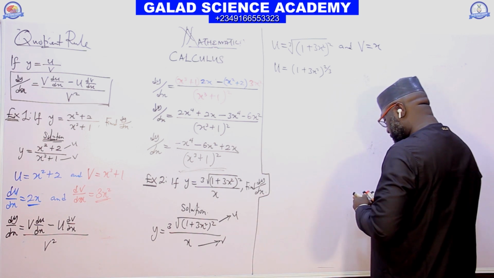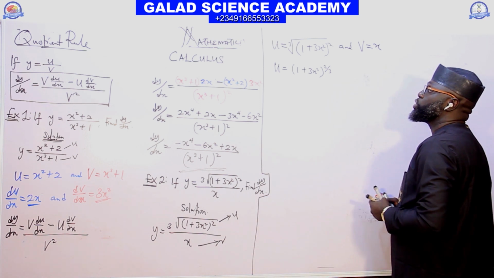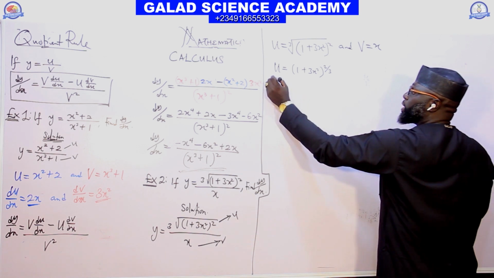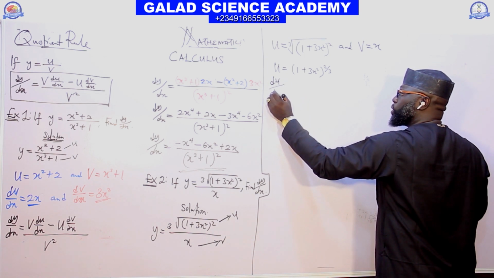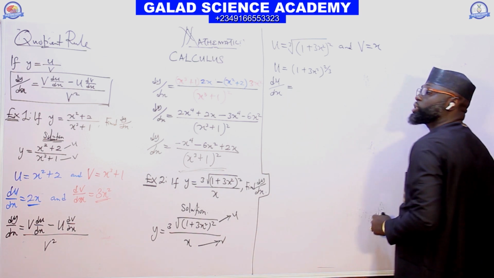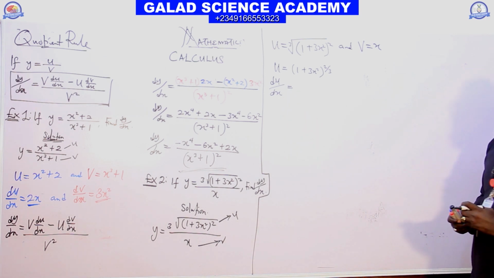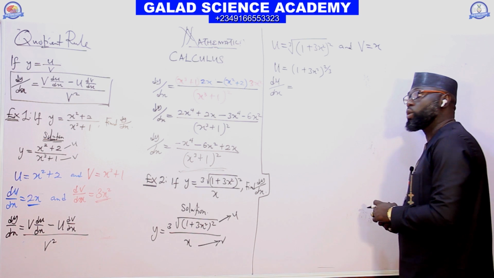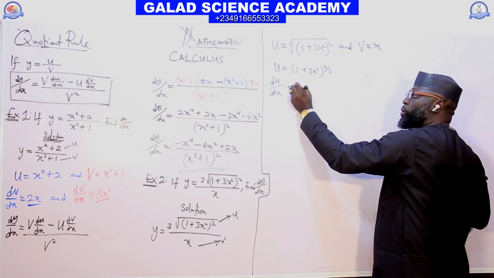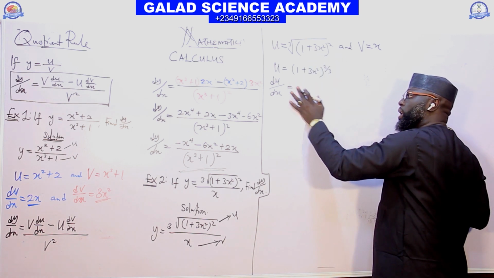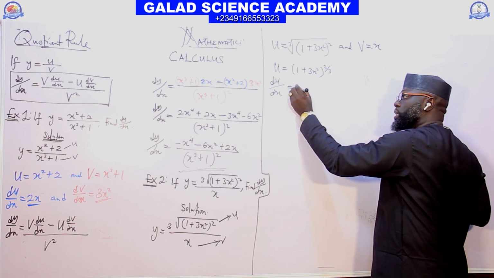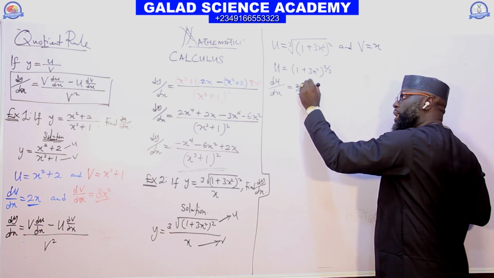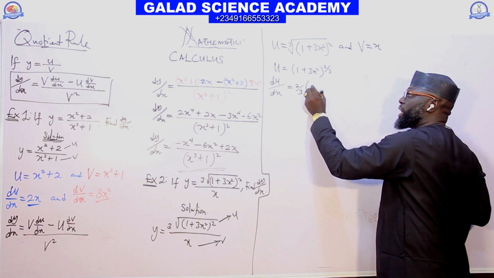The derivative for U, du/dx. Let us apply the shortcut for the chain rule. Write down the power, then differentiate the bracket.